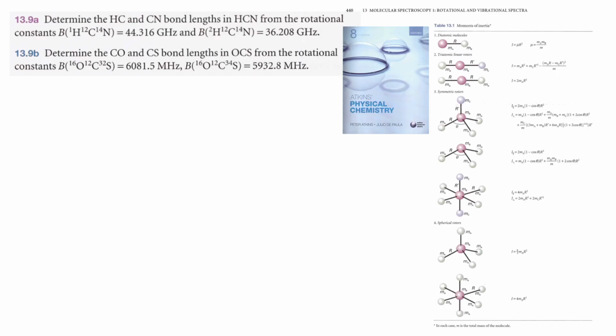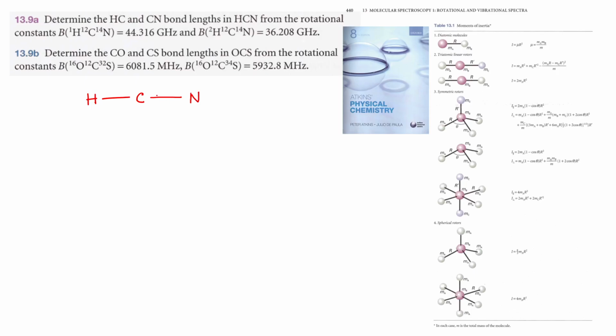Okay, so your individual rotational constants are given. How can we do that? I would say if you have H C C, don't judge my chemistry. I know there is a triple bond in cyanide, but here, for the sake of this image, I'm writing a single bond.